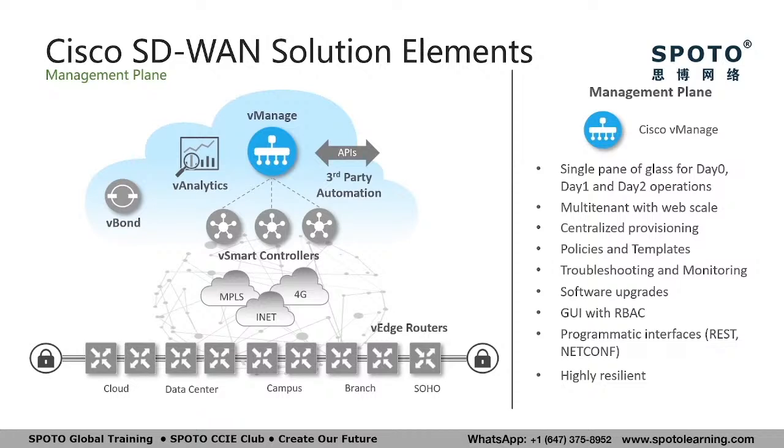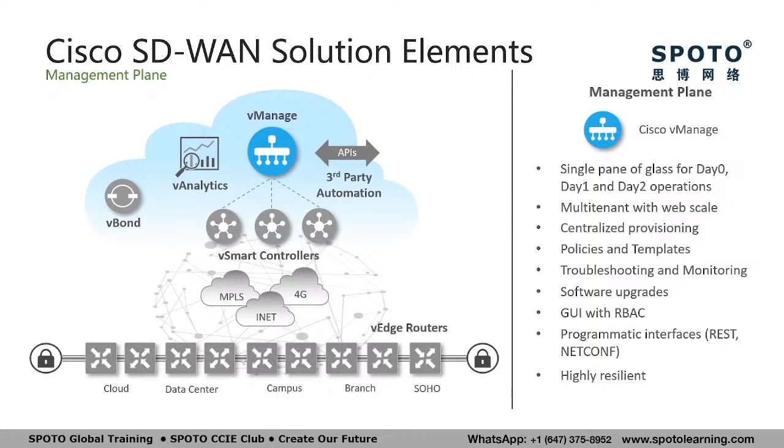The vManage GUI allows segregated administrative access by implementing RBAC for proper roles and responsibilities. Its programmatic interface enables DevOps operations.